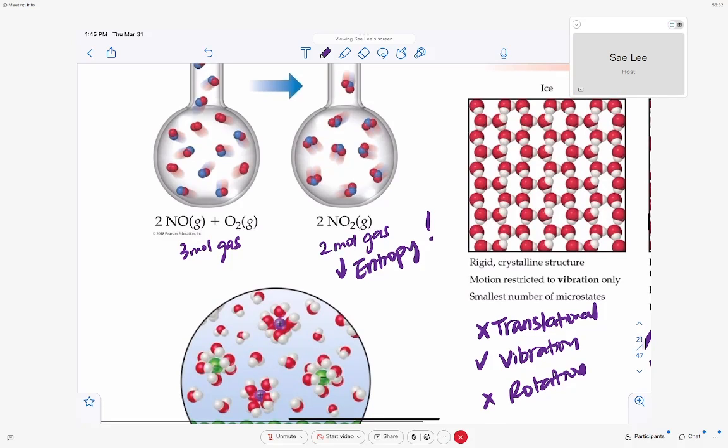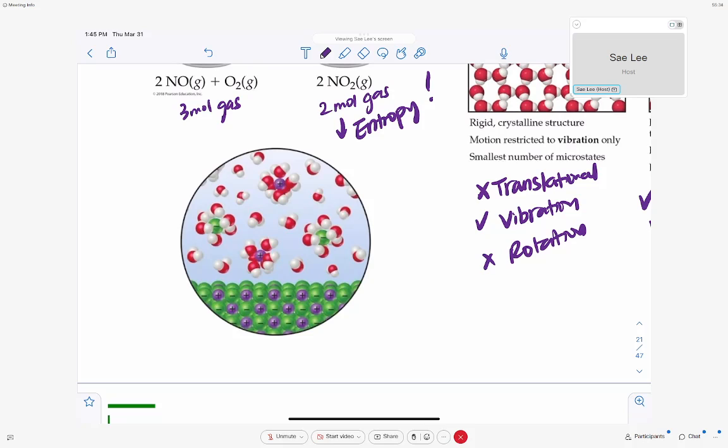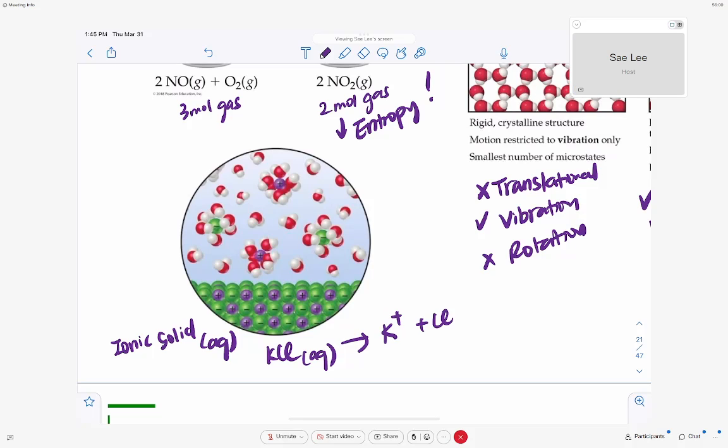For the last diagram, this is showing what happens when an ionic solid dissolves in water, in aqueous solution. Ionic compounds such as potassium chloride, dissolved in water, will completely dissociate into potassium and chloride ions.